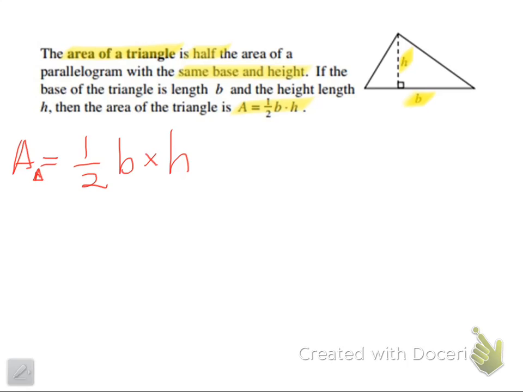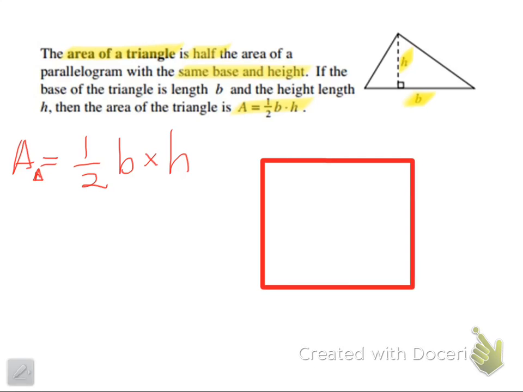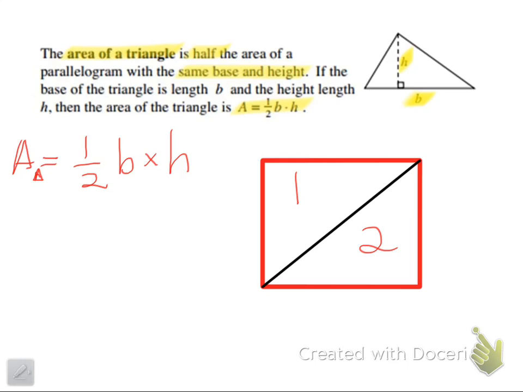Okay, so that's the formula, but how can we understand this with something we already know? Let's back that up. Let's start with a rectangle here. We have a rectangle. If I were to draw a line through that rectangle, we would make two triangles, one here and one here.